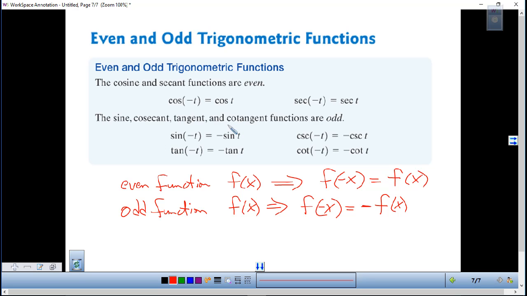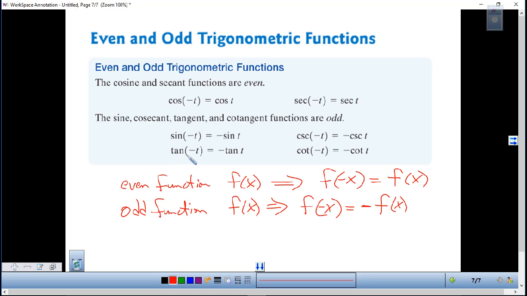Now, the other four functions are all odd, and they're odd because of sine. With sine, if we plug in negative t, we're going to get the negative value of what we would have gotten if we plugged in sine t, or just regular t.